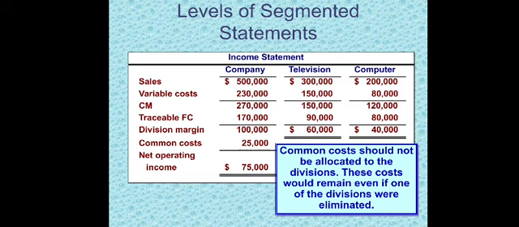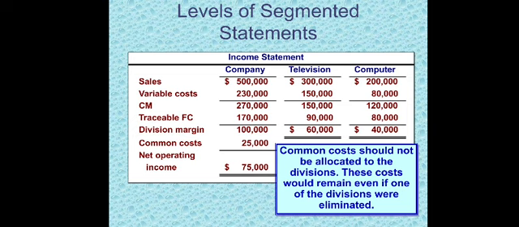But when you have to prepare segments income statement, in this slide, the segments are segment television and segment computer. You only can divide or allocate the traceable fixed cost only to the segments.